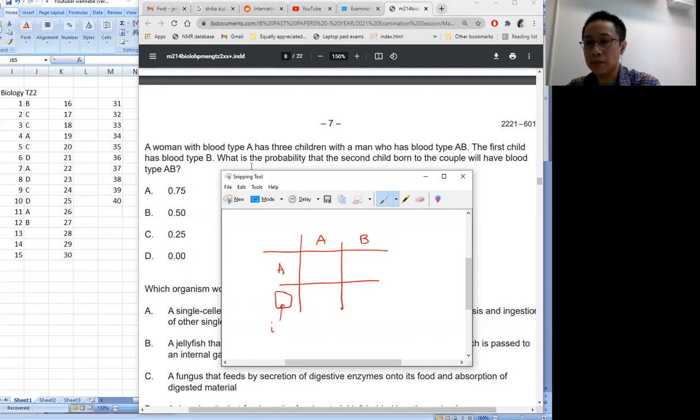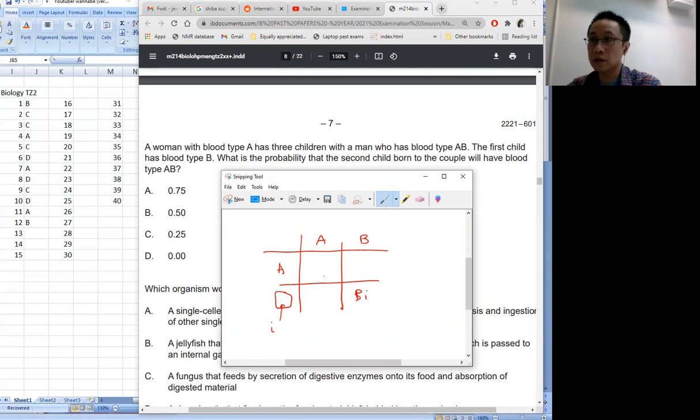Because being blood type A means that you can be homozygous for the A allele, or you can be A i. And this woman has to be A i because the first child has blood type B.